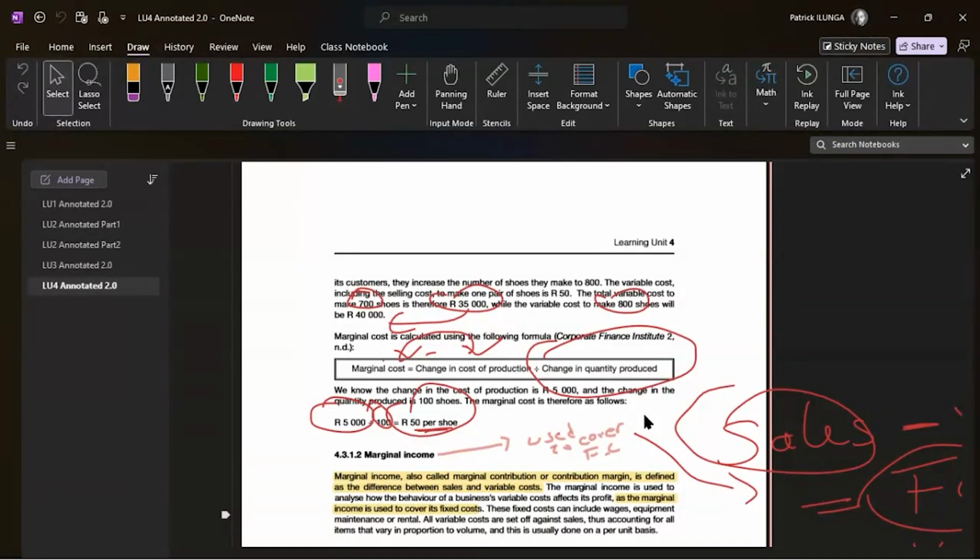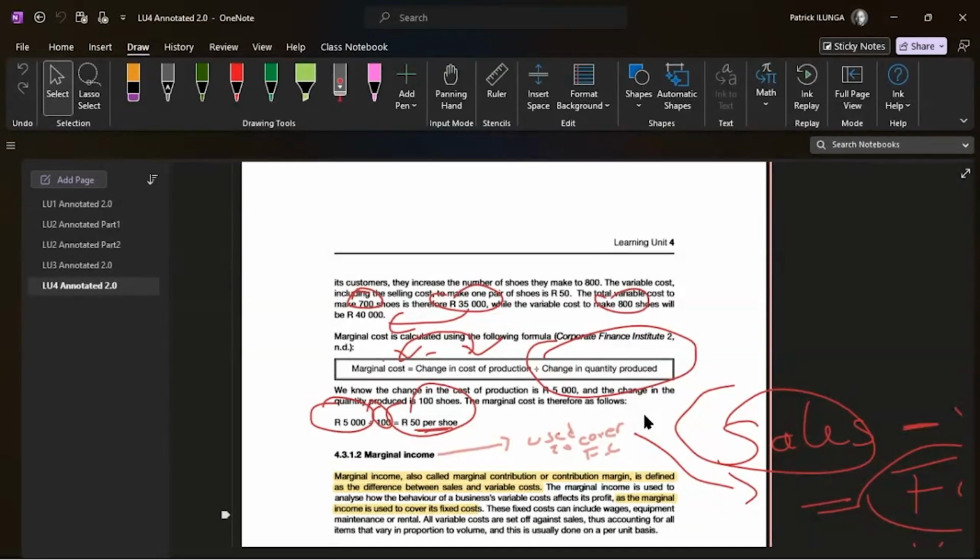So what they have done here, they want to show you that there has been a change in production from 700 to 800. What is that change? How many did they add? It's only 100, right? So they just increase the production by 100. And what is the cost?